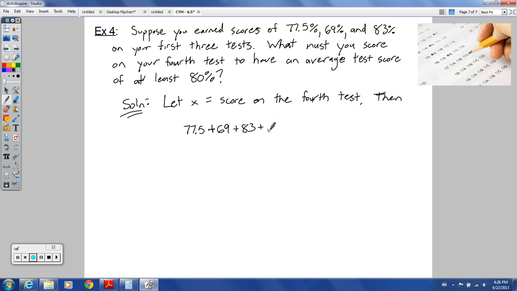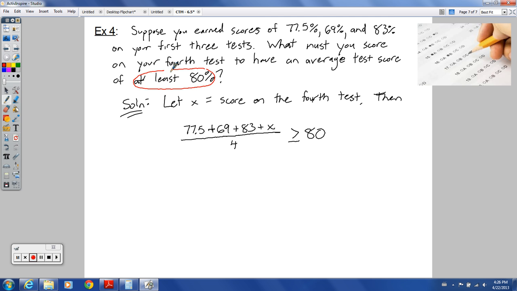The fourth one I don't know yet, so I'm calling it x again here. So that's going to be that over 4. I want it to be at least 80%. So at least 80% would be greater than or equal to. As long as I would get that, I would get a B for my test average.